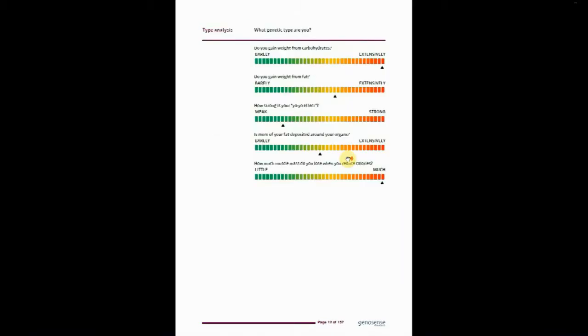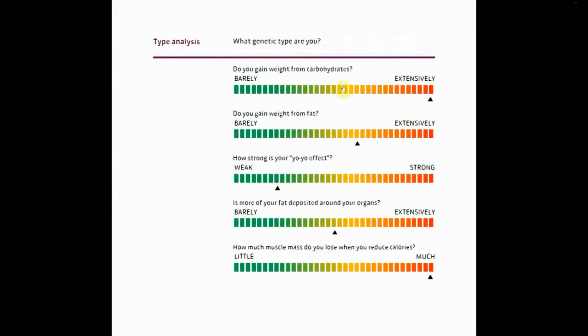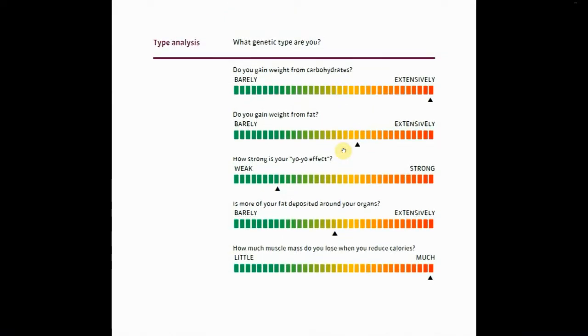So I'm going to go to the end of this here. Now here we see what kind of information we could gather from your genetic test. And the first thing looks at what sort of genetic type you are. For example, the first question is, do you gain weight from carbohydrates?